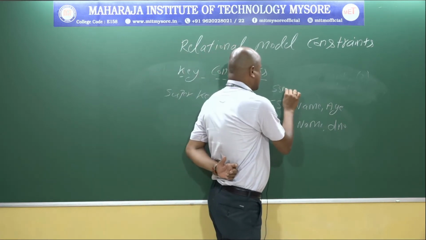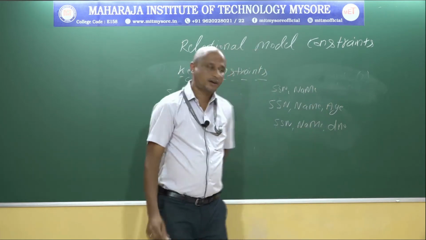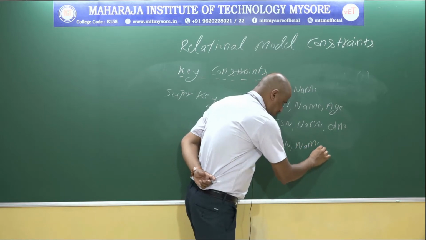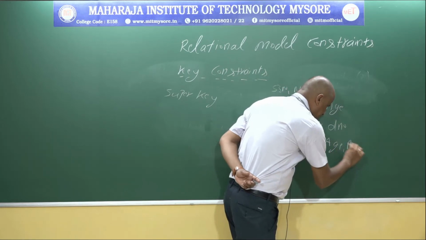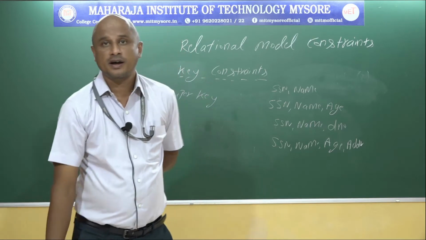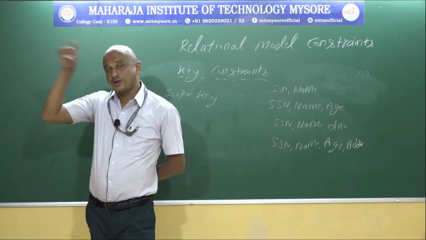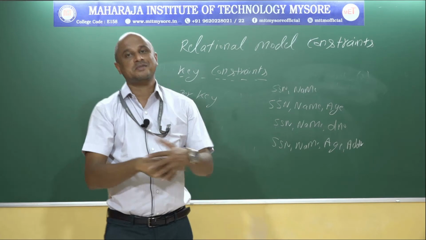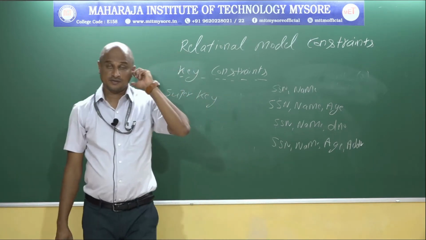And more uniqueness property. So we are trying various combinations. Then I say this person, with SSN and name, is 35 years old and comes from Mandya, the address. He is 35 years old, works in the ISC department, with SSN and name, and it becomes a fantastic uniqueness property.